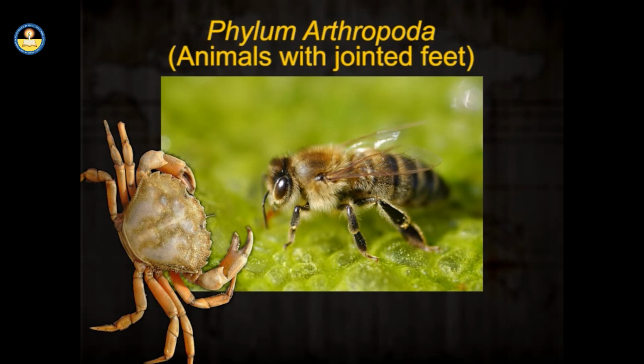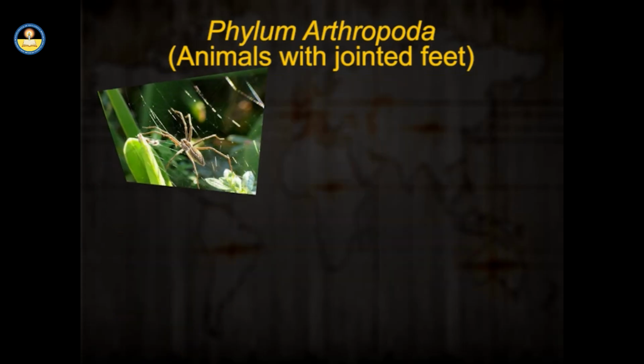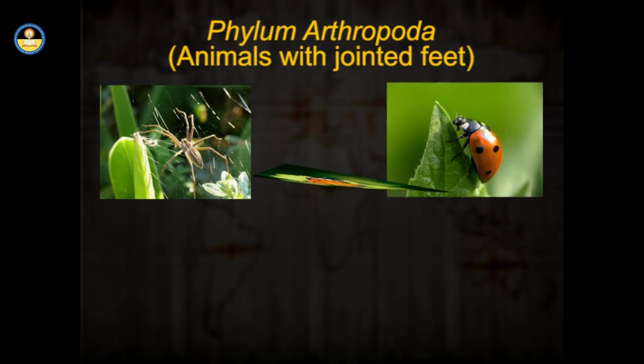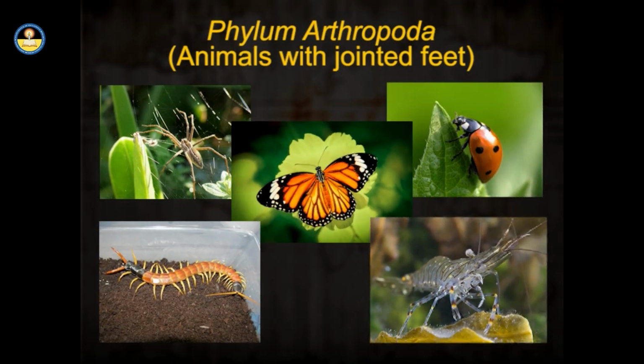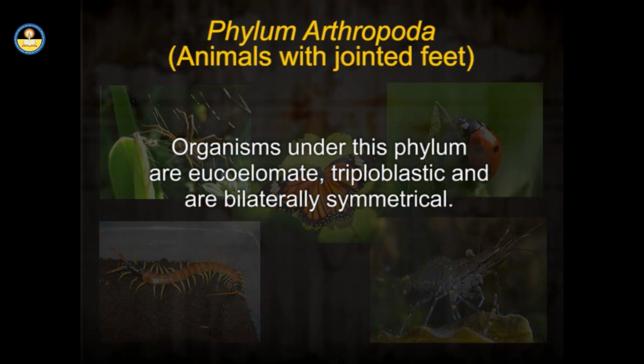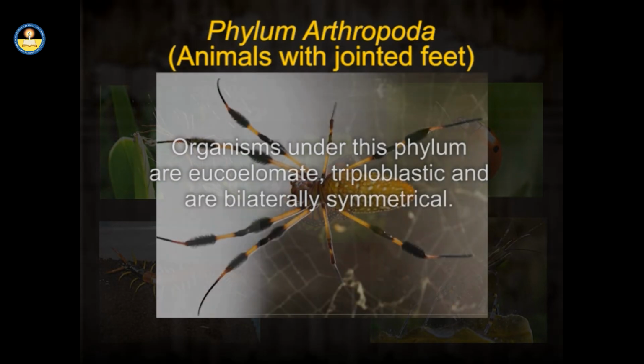This phylum has the maximum number of organisms, including spiders, insects, butterflies, centipedes, prawns, etc. Organisms under this phylum are eucoelomate, triploblastic, and bilaterally symmetrical.